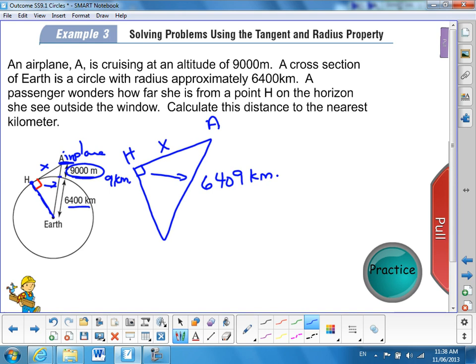We're looking for this side, but we need to have two sides. From this point to this point, which is the radius, is 6,400 kilometers. From H to the center is also the radius, so it's 6,400 kilometers. So we have a right triangle, a squared plus b squared equals c squared. These numbers are going to get fairly large because we have a big number of 6,400 kilometers and we're squaring it.